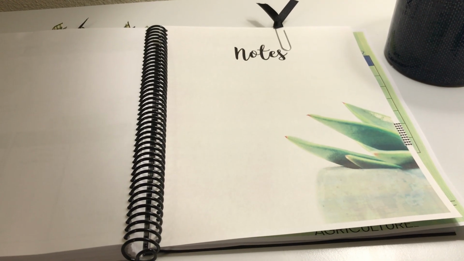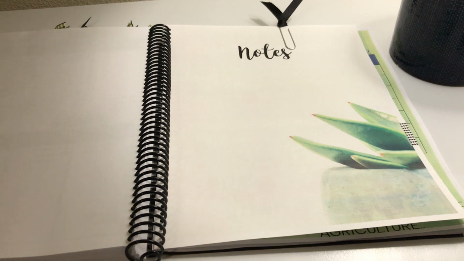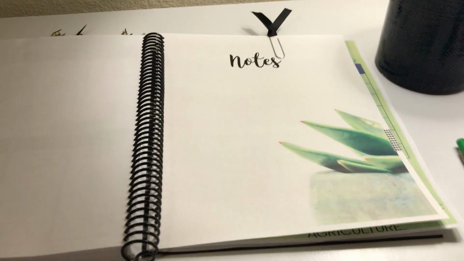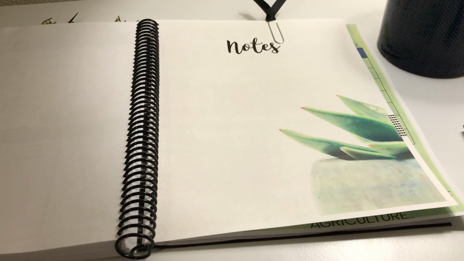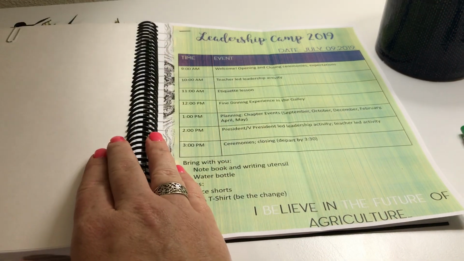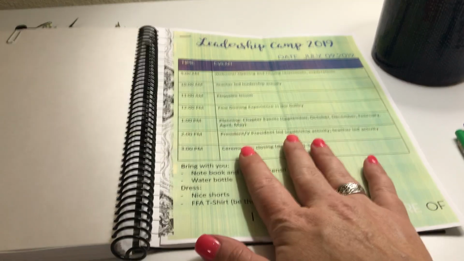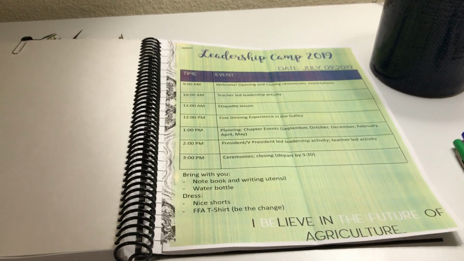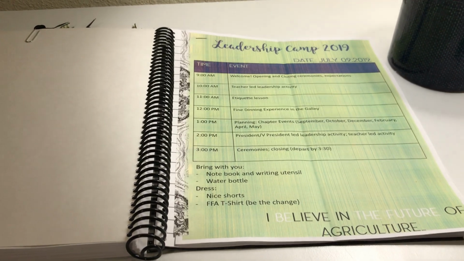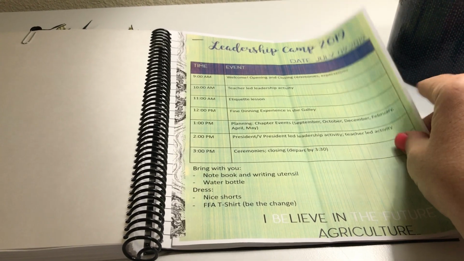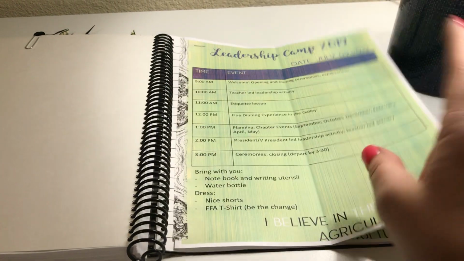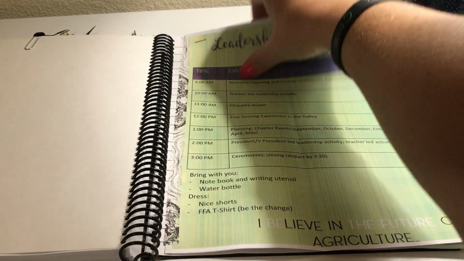Self-explanatory, put things in here that are of importance, if you're in a meeting, those kinds of things. But something that I'm going to try differently this year is things that are going on, like for instance, on the very first page, we've got leadership camp for our officer team coming up next week, and I took the itinerary and I went ahead and printed it, and I taped it with washi tape onto the very first page of my actual planner.